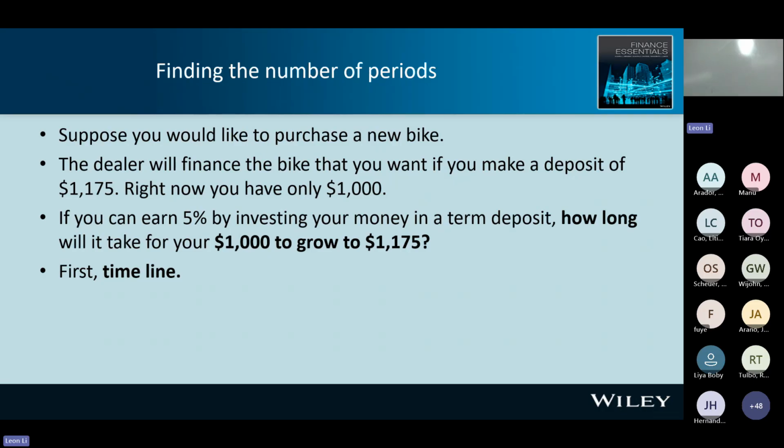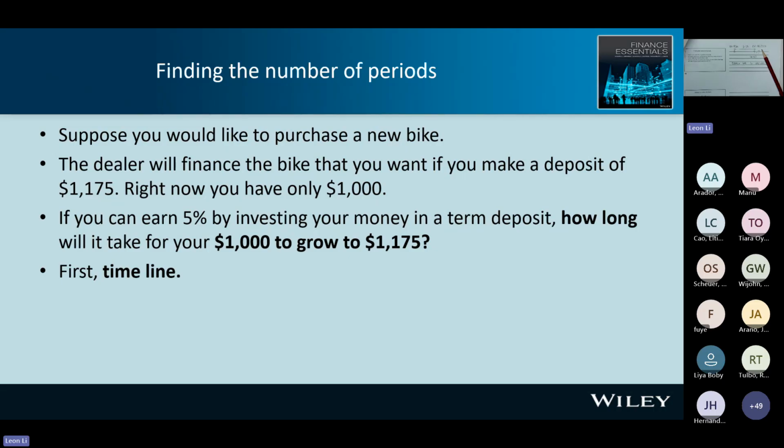So again, when I do the finance question, I prepare the timeline. You can see this is the timeline I prepare, right? So today you have $1,000, and you hope your money can grow to $1,175.